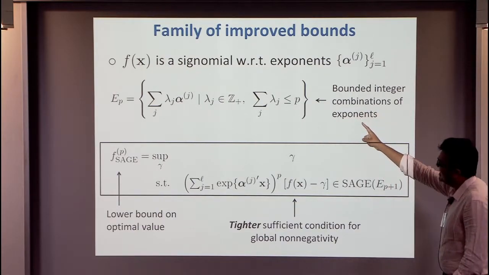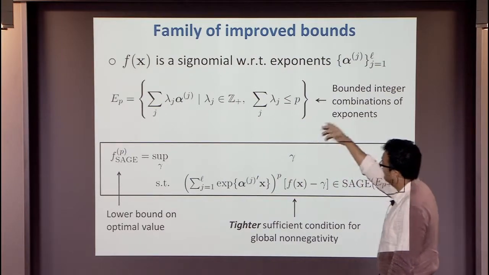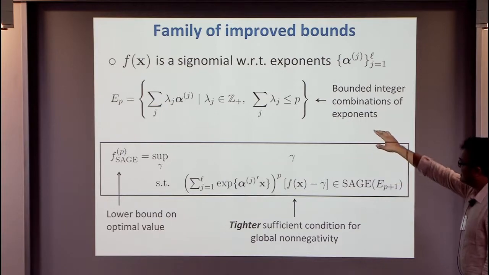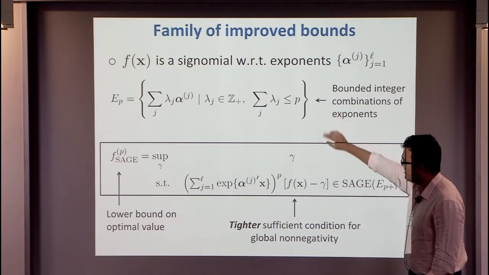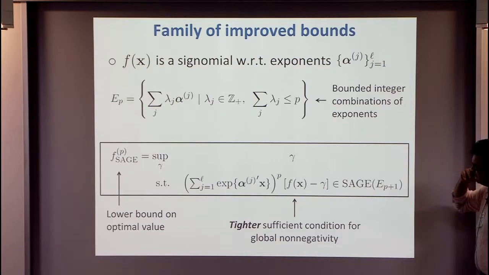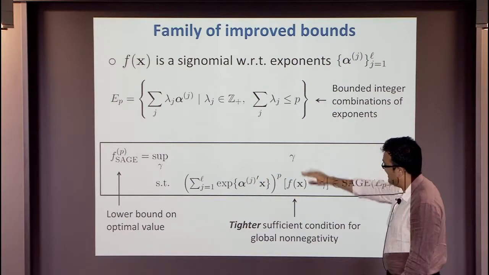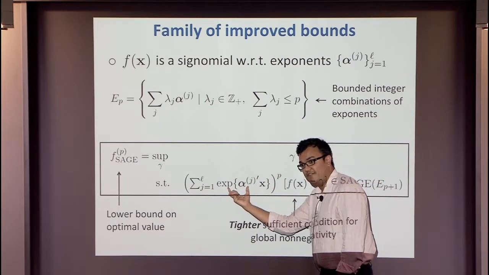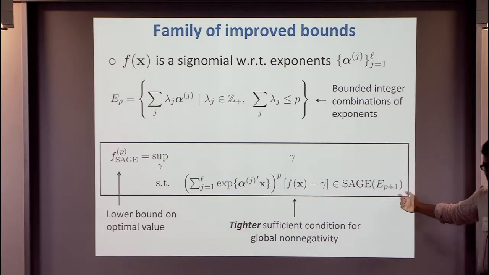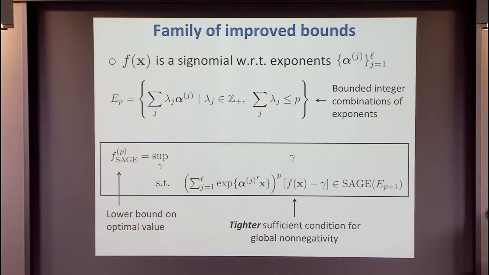This is obtained by taking all bounded integer combinations of the exponents, where the weights sum up to at most p. And based on this definition, we have the following tighter lower bound. We maximize gamma subject to a positive function times f of x minus gamma being SAGE. This guy is positive because it's just a sum of exponentials.